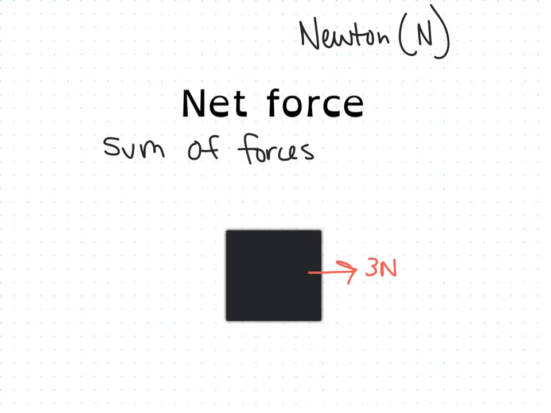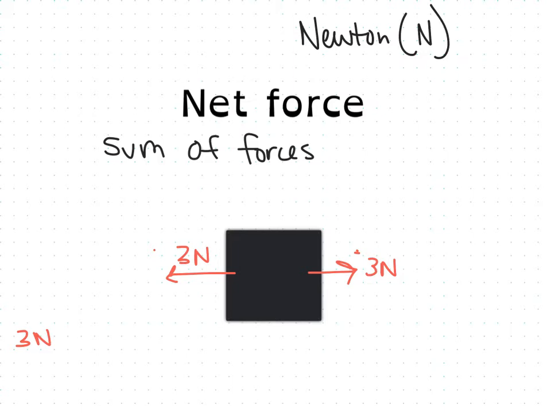So if I have 3 newtons of force pulling to the right and 3 newtons of force pulling to the left, and I add these up, I have 3 newtons going one way and 3 going the other way. You can think of this kind of like positives and negatives. So this is like a plus 3 over here, and this is kind of like a minus 3 over here.